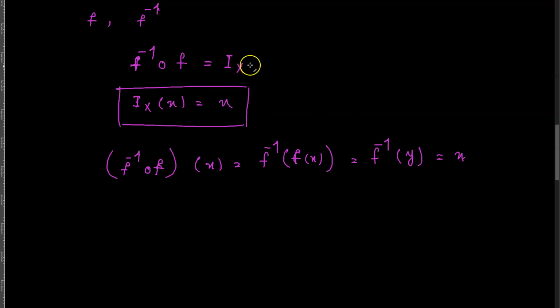I of x is the identity function on the domain of x, so whatever value you take from the domain of f and give to I of x is going to give you the same thing back.